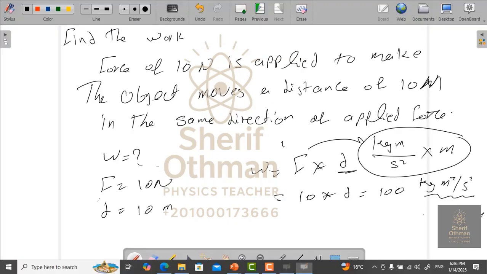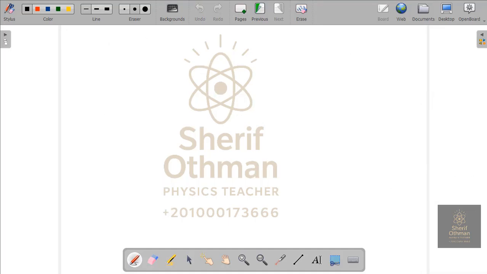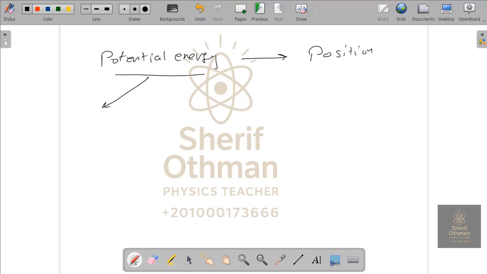Let's learn the meaning of potential energy, guys. Potential energy is the energy stored in an object as a result of its position. We have two types of potential energy. One of them is called elastic potential energy, and the other one is called gravitational potential energy.